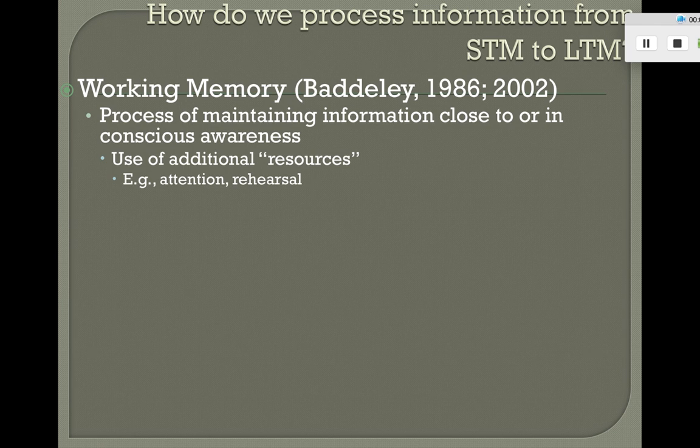We have to process information and maintain information close to or in our conscious awareness. What does this mean? It essentially means that we have to keep the information at a point of us paying attention, because that's what conscious awareness is, and we have to be continuously working on that information as much as we can to be able to process the information correctly.